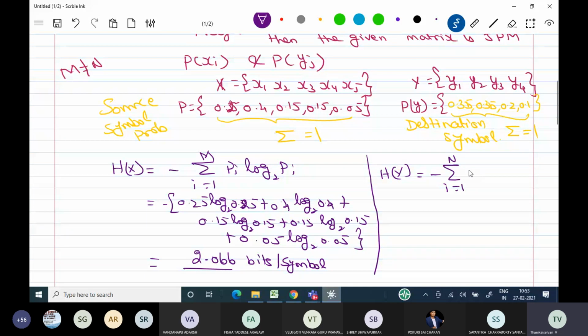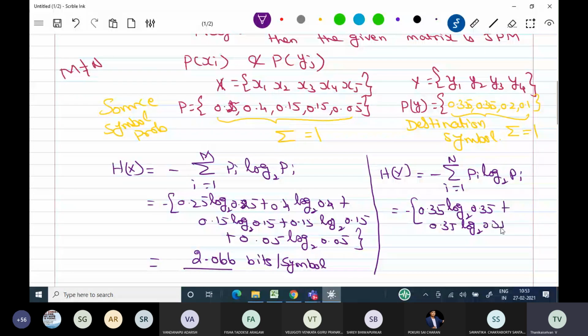For y, n will come. Here the n value is equal to 4. Pi log base 2 pi, with the minus outside. 0.35 log base 2 0.35 plus 0.35 again log base 2 0.35, plus 0.2 log base 2 0.2 plus 0.1 log base 2 0.1. Now we can go for the h of y calculation.